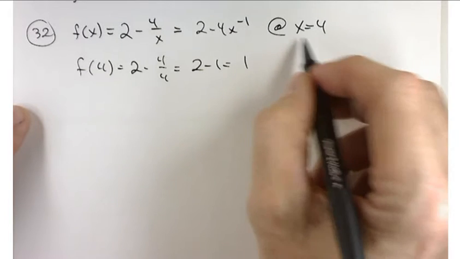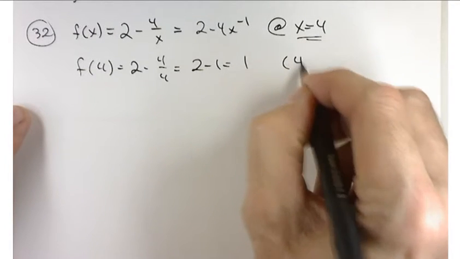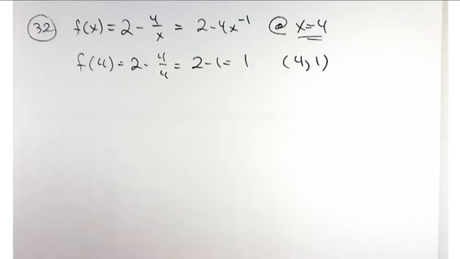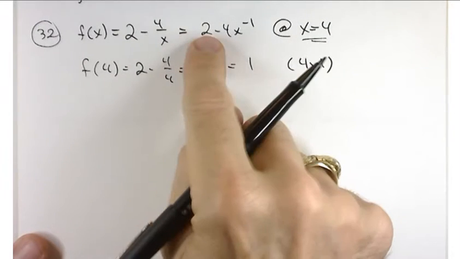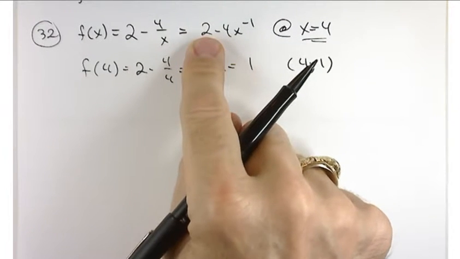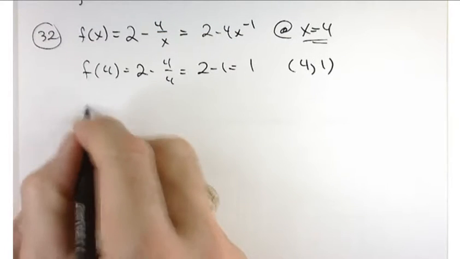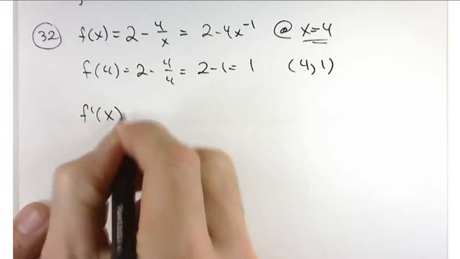So our point at x equals 4 really has coordinates of 4 and 1. So that's our point. But we also need the slope of the tangent line at that point, and the slope comes from the derivative. So as far as the derivative function is concerned, well, let's go back up here. Derivative of a constant, what's that? 0. So f prime of x is going to be 0.